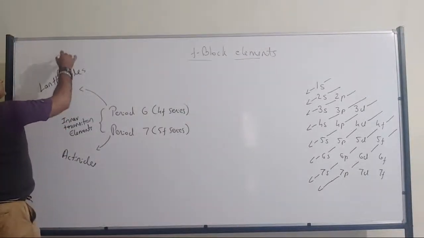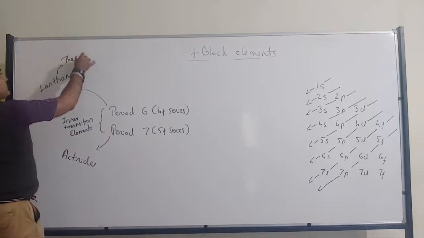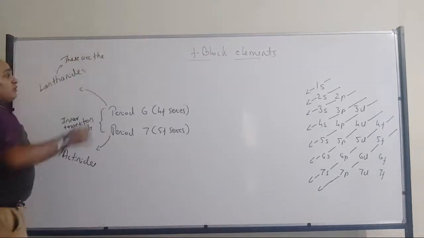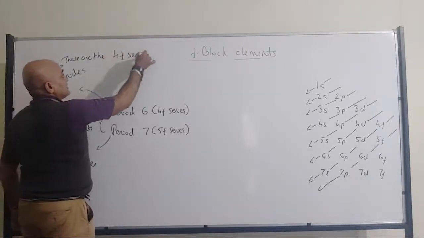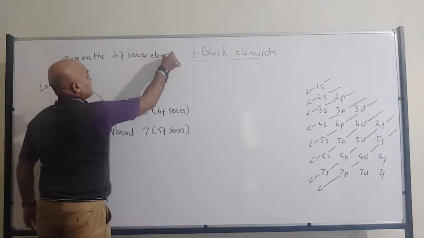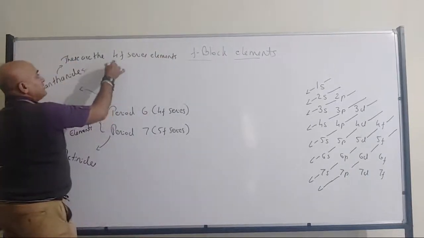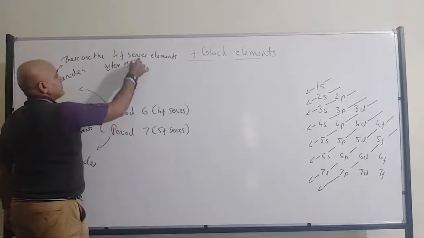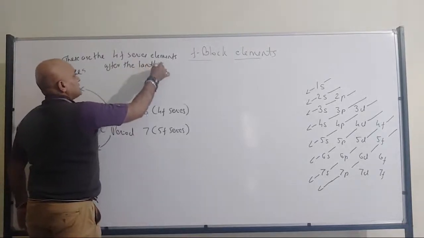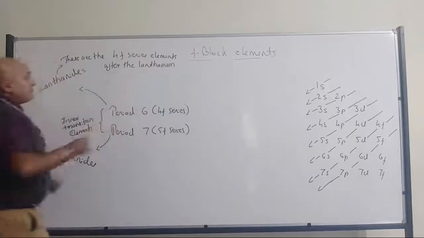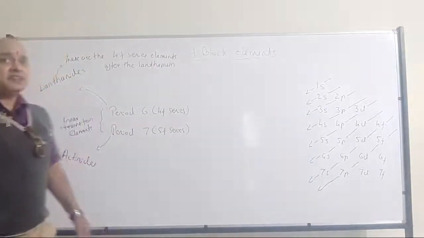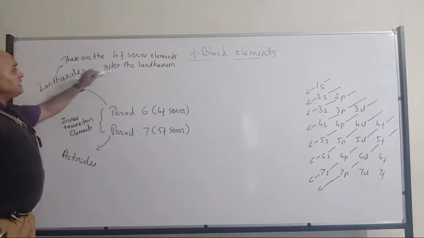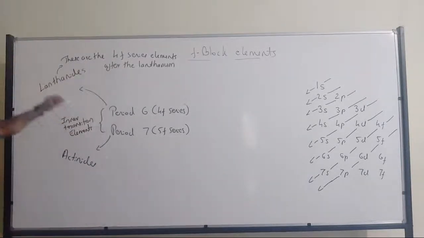That is because these are the 4F series elements after the lanthanum. Lanthanum actually belongs to D block, but after lanthanum, 14 elements come under the 4F series. Therefore those elements are called lanthanides.